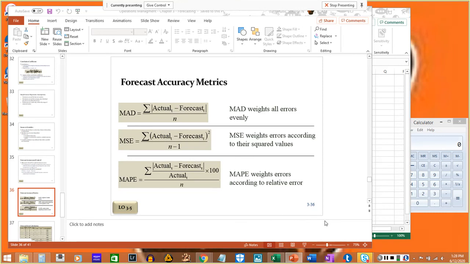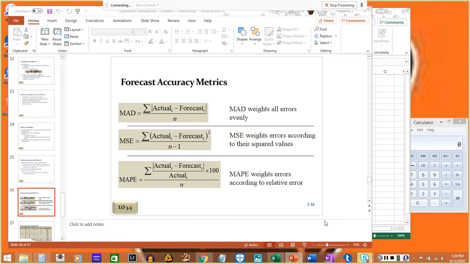It's important to provide an indication of the extent to which the forecast might deviate from the value of the variable that actually occurs. So to do that, you want to monitor your forecast and try to figure out how accurate they are.